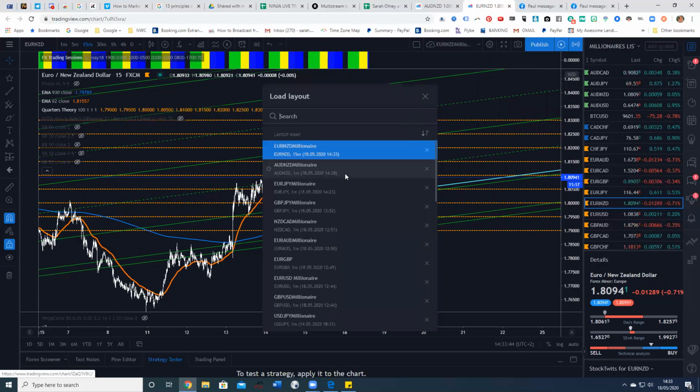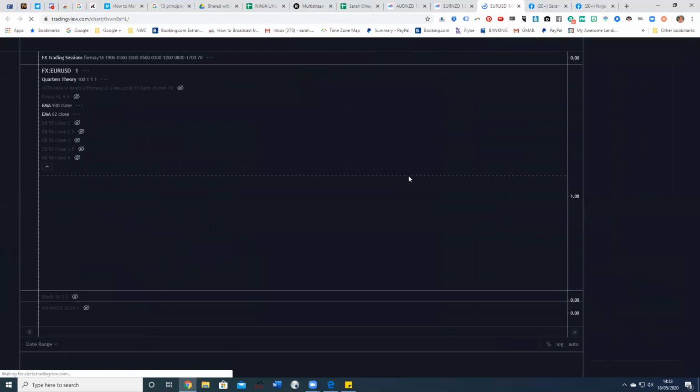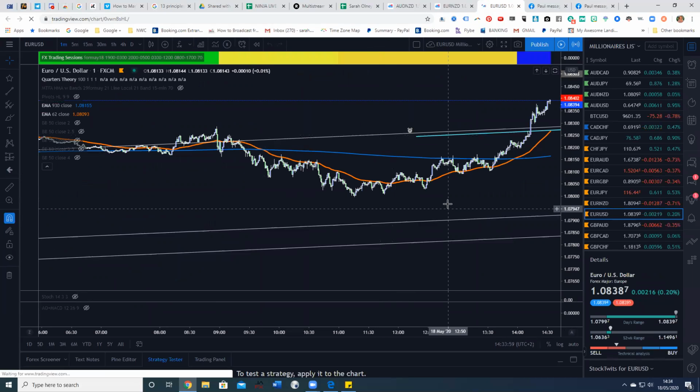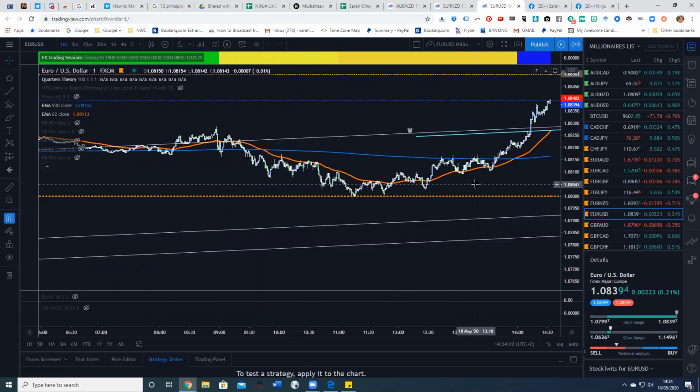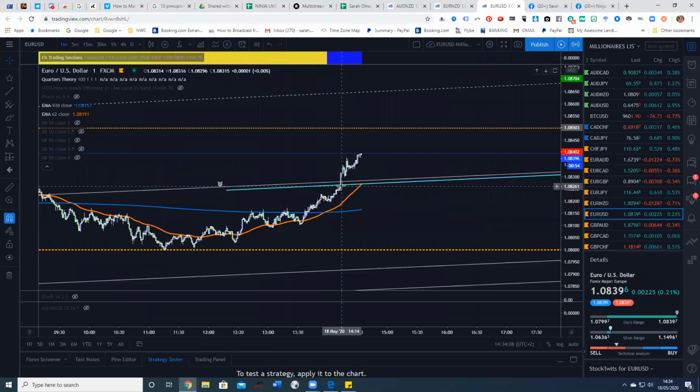So nothing on Euro USD. If anyone wants me to look at something, we'll go to Euro USD. I don't know what time the alert went off. So again, another interesting one.